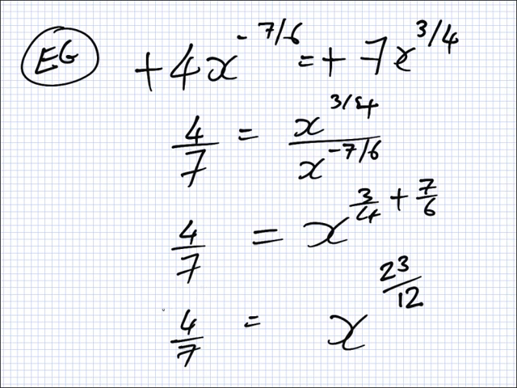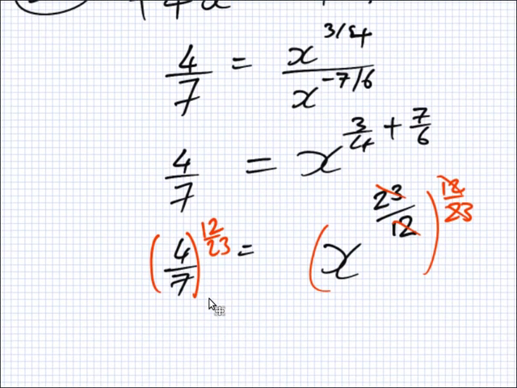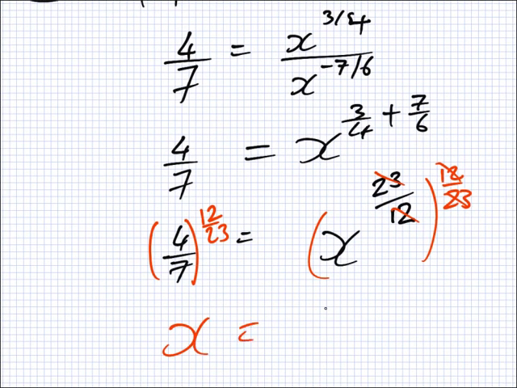So you say power 12 over 23, power 12 over 23. What happens here? So you're left with x equals 4 over 7 to the power 12 over 23.